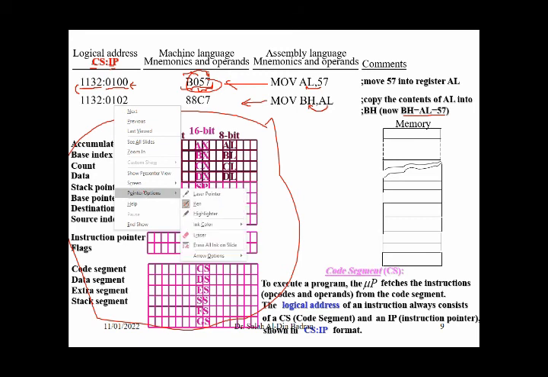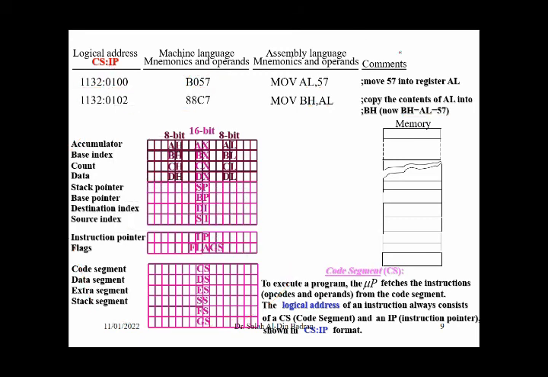Let's clean the screen to have a clear image of what's going on within these two instructions. CS is here, in the code segment. IP is here, the instruction pointer.